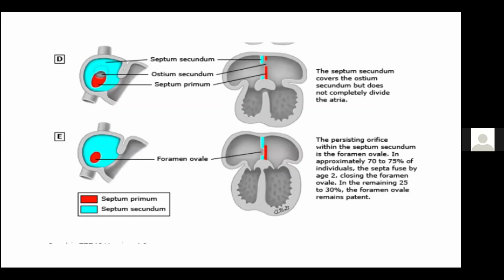Just after that, there's a formation of another septum, the septum secundum, just on the right side of the septum primum, which also grows downwards.